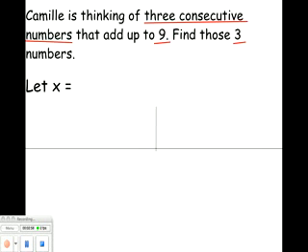Now comes the real challenge. How can you use the variable x to represent all 3 numbers? Stop the tape and make your best guess now. Okay, this is a bit difficult, so let me give you a hint. Suppose instead of x I said, how can you use the number 7 to represent all 3 numbers?